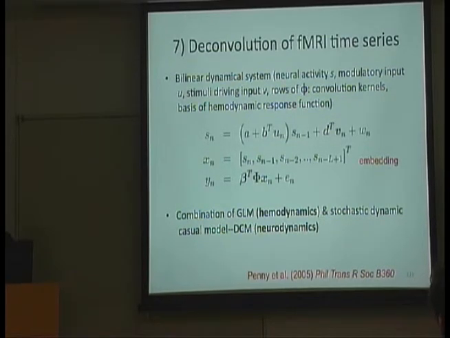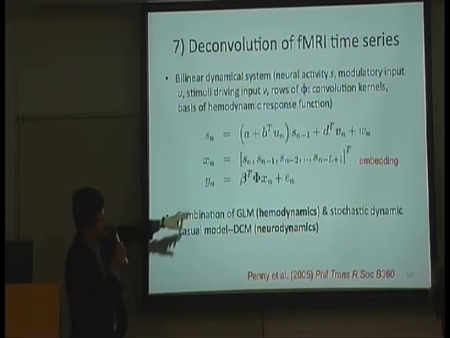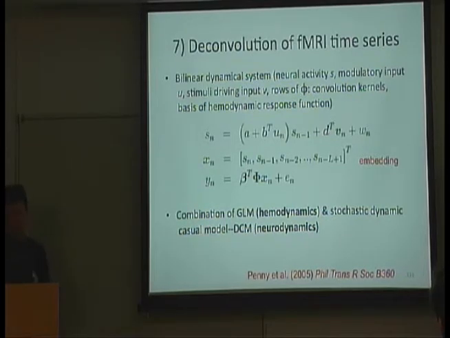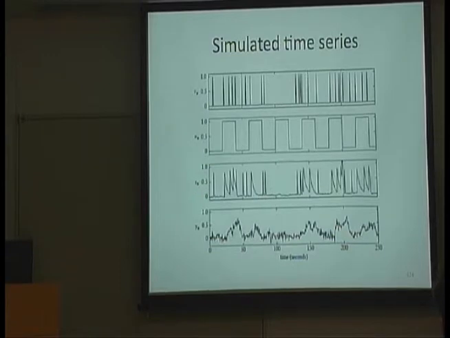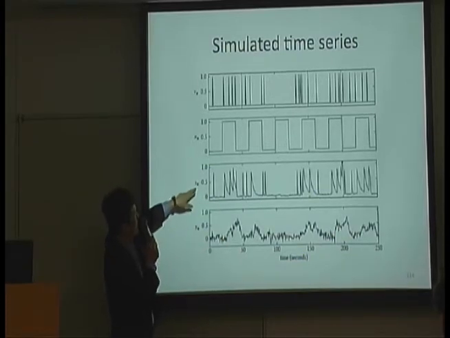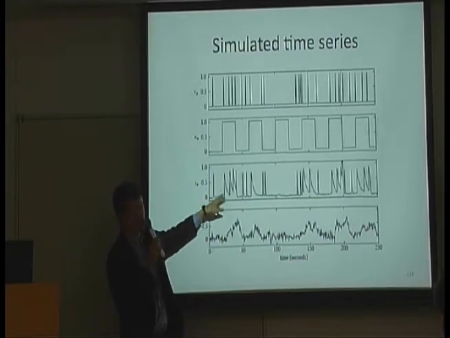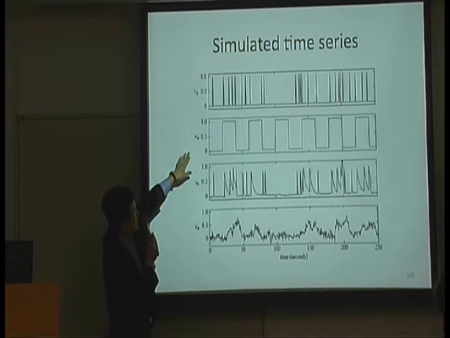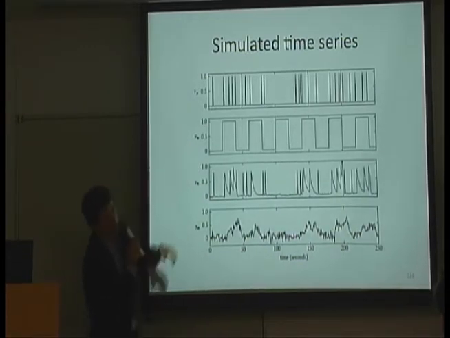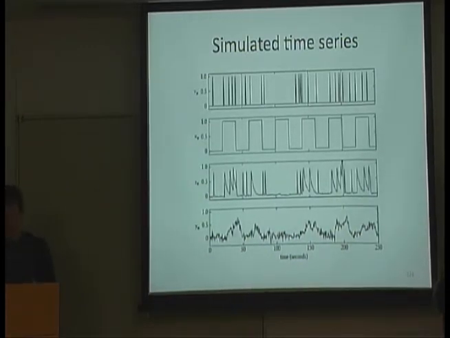And the hemodynamic part is sort of like a generalized linear model. This is just an example to show what I mean: what you observe is the fMRI time series, given S, the neural response or neurodynamics, and U and V, the modulated input and driving input.